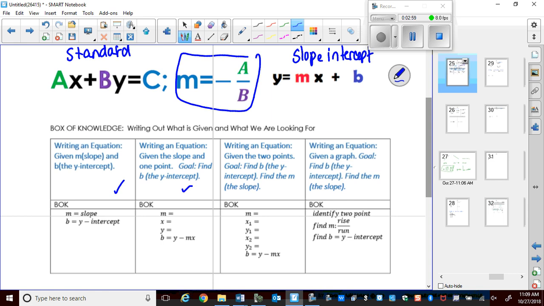If they give me 2 points, then I need to find the y-intercept and the slope. And if they give me a graph, it's easier. I can just identify the y-intercept and find the slope. So we're going to look at how to use each box to do the things that we need to do. We need to figure out when do I use these boxes and how, right?